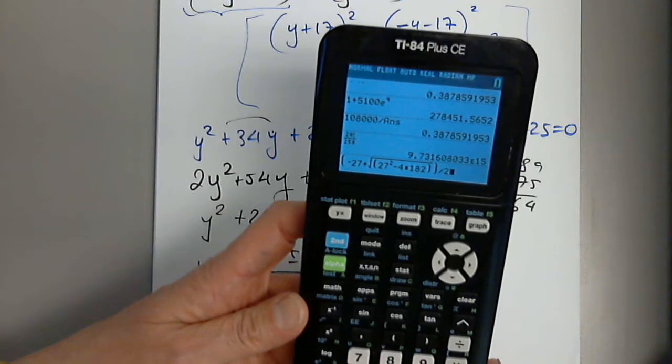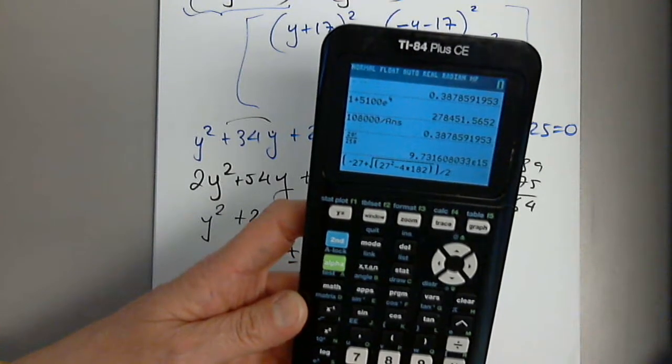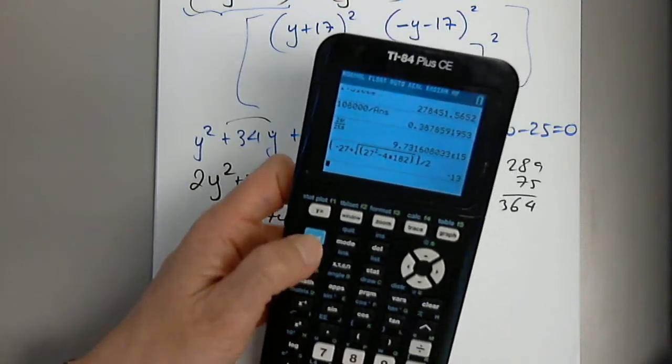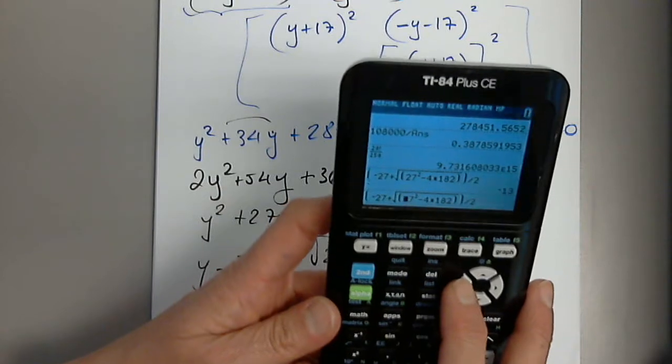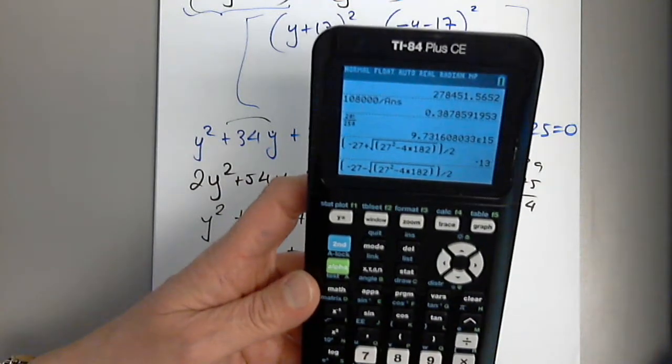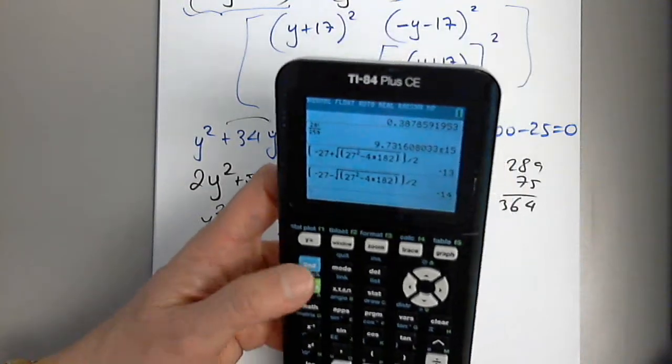Here's what I just did. Negative 27 plus the square root, blah, blah, blah. So I got negative 13. This is so much easier for me with a calculator. And I get the other one by overwriting the plus with a minus. So I got negative 13 and negative 14.